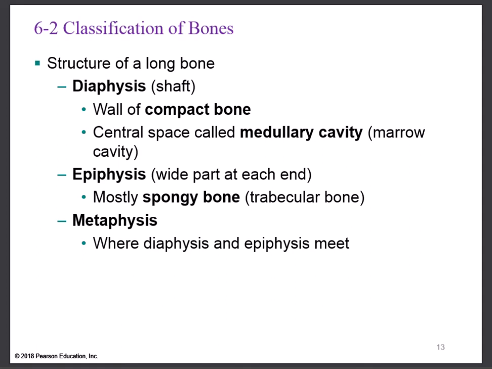They're going to be found at the ends, and they're predominantly made up of spongy bone with a thin layer of compact bone. And then where the growth plates are going to be located in the formative years, this is going to be called the metaphysis. And again, the metaphysis is the location of the growth plate during our growing years.